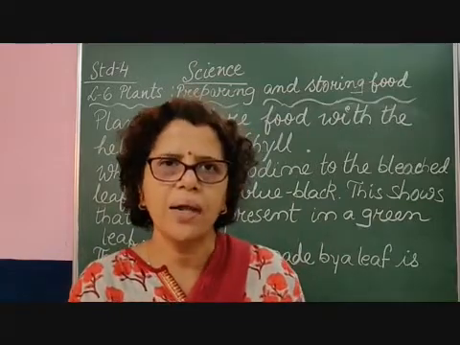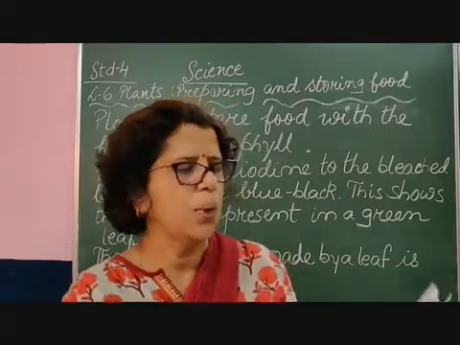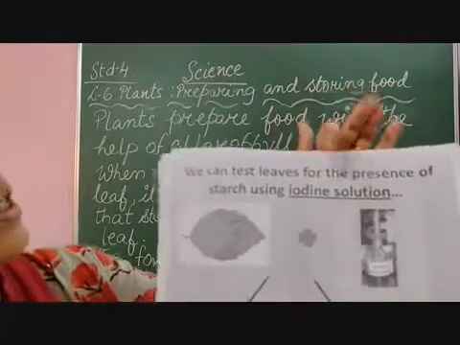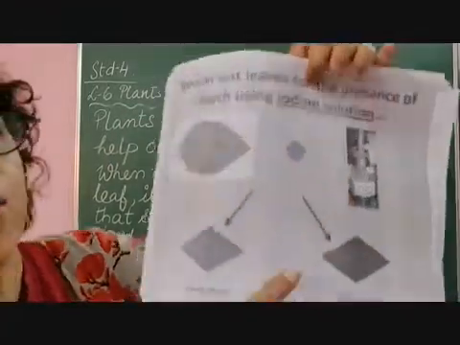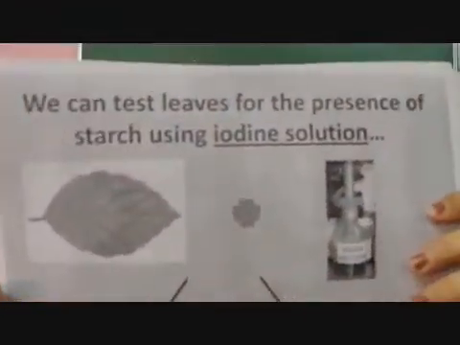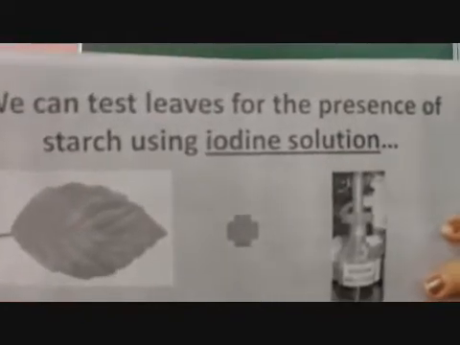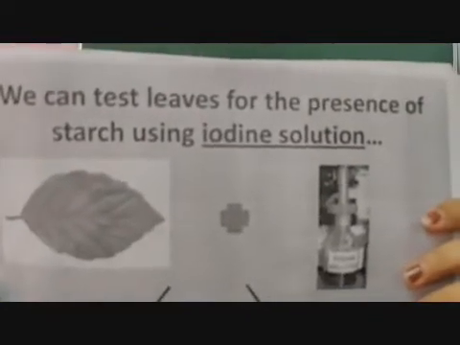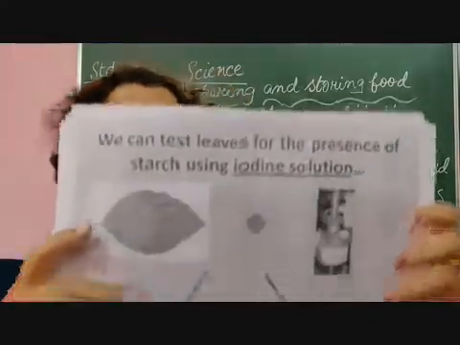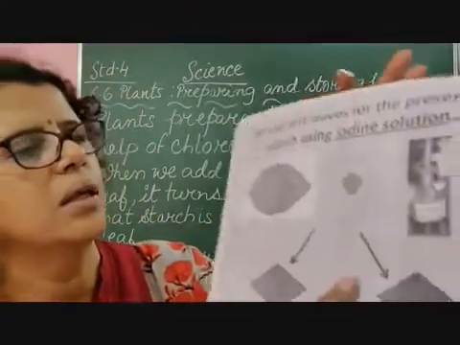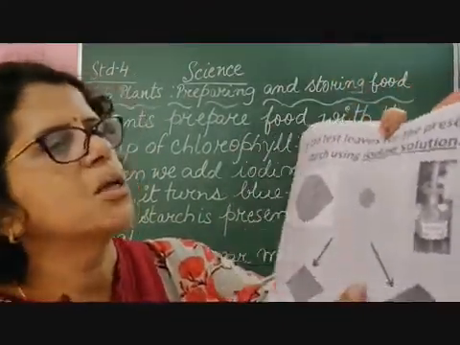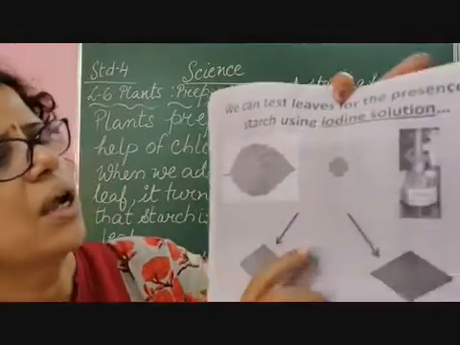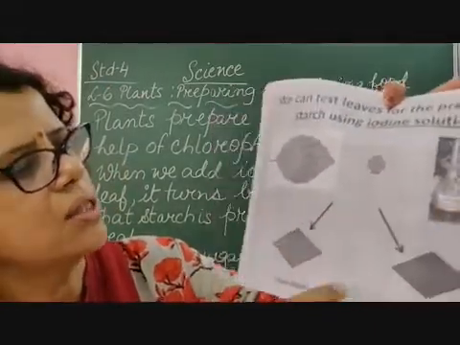Just now we had done a small experiment. We can test leaves for the presence of starch using iodine solution. With the help of iodine solution, just now I showed you how we can prove that the leaves have starch, and they store the starch. You have to take a leaf, and you have to take the iodine solution.